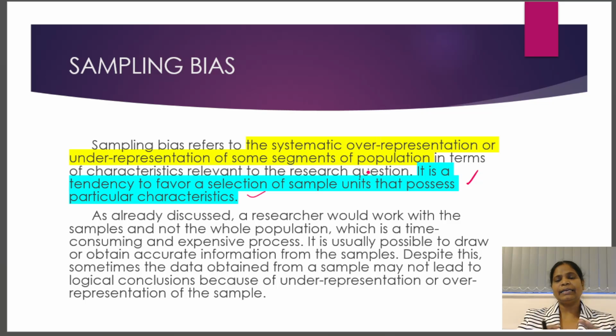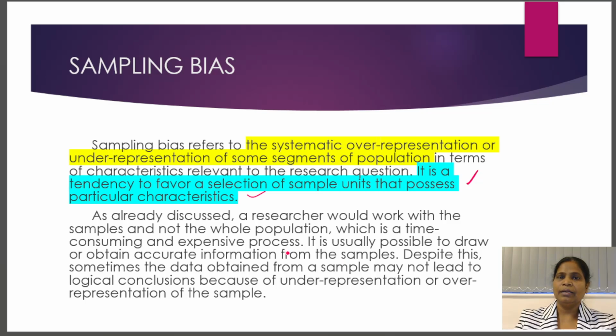Conducting a study on the whole population is a time consuming as well as expensive process. So we do this sampling process and select a sample which could represent the whole population, and we conduct a study and the study findings are generalized to the whole population.